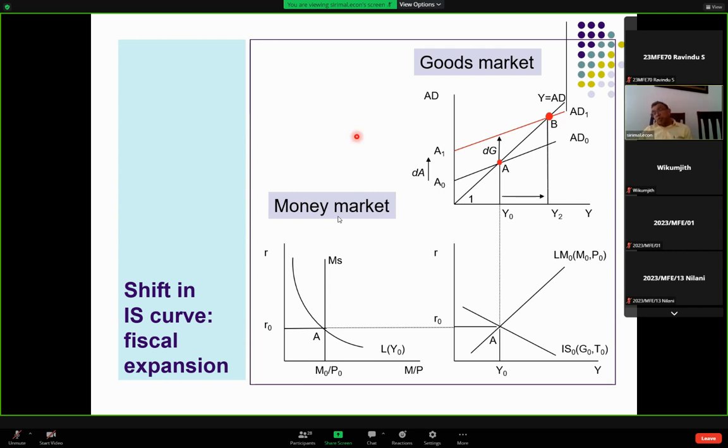Output has increased to Y2 level. We extend that line all the way down, so we can mark our Y2 point here.